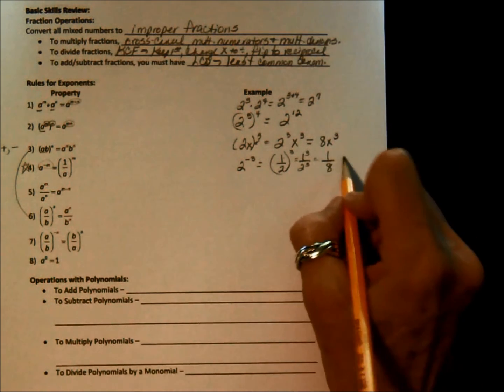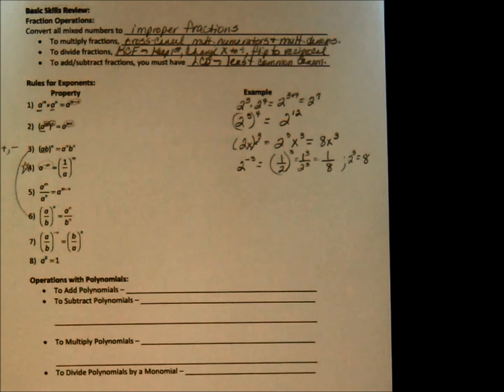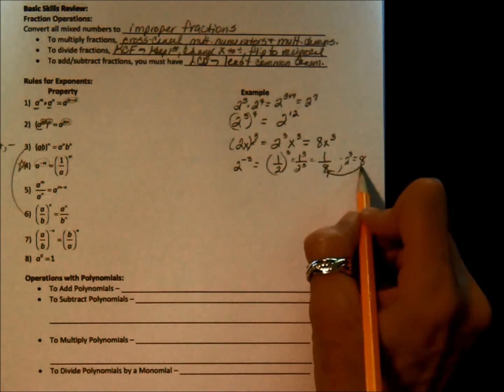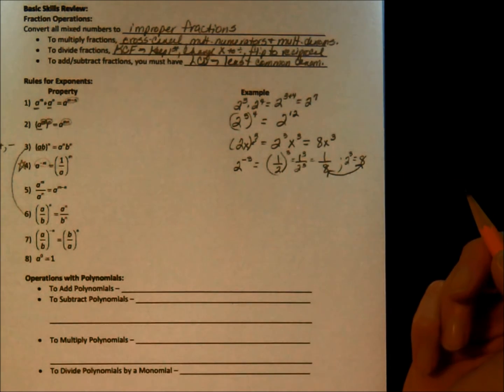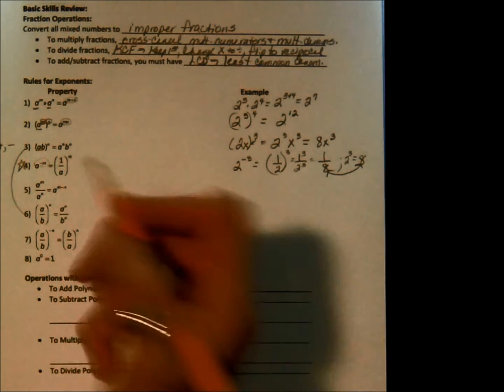Now notice something. If I just had 2 to the positive 3, that would be 8. And 8 and 1/8 are reciprocals. So that's why that negative exponent refers to a reciprocal.